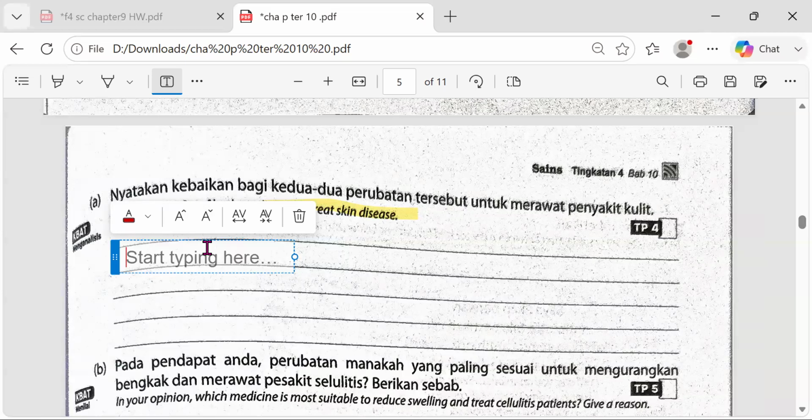If you get a burn or anything, you put aloe vera, it will help to calm it down and soothe the pain. Aloe vera soothes inflammation on skin and moisturizes the skin.